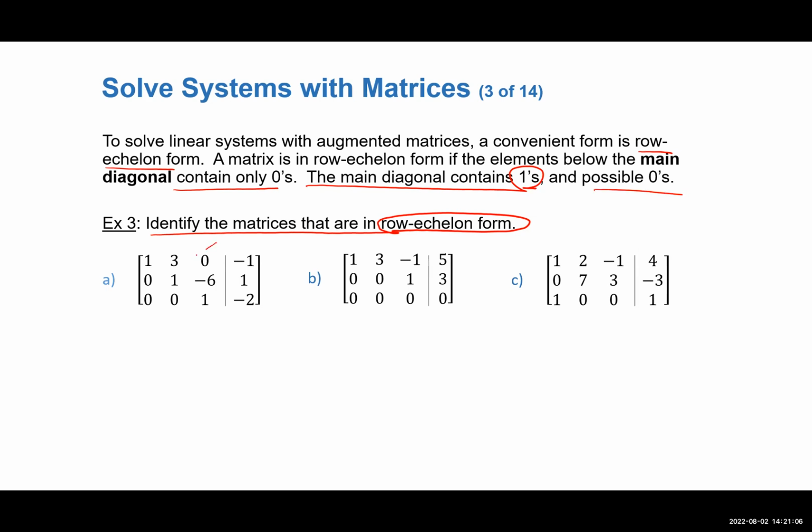So a main diagonal is going to be from bottom corner to top corner. Okay, we have to see which of these only has ones and zeros and where all the other numbers below that diagonal are all zeros.